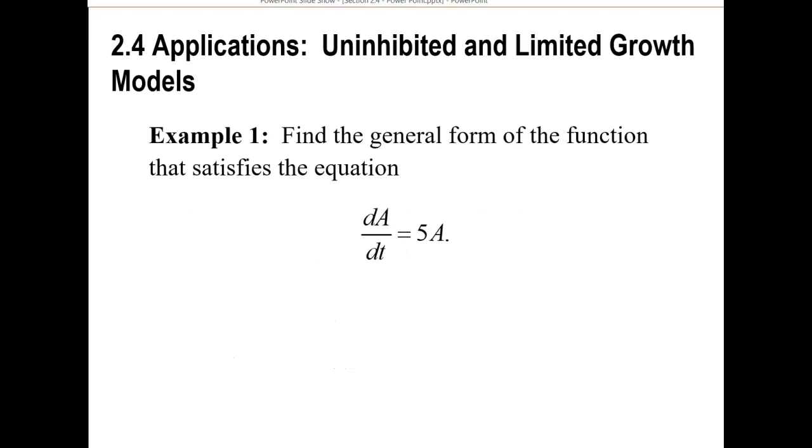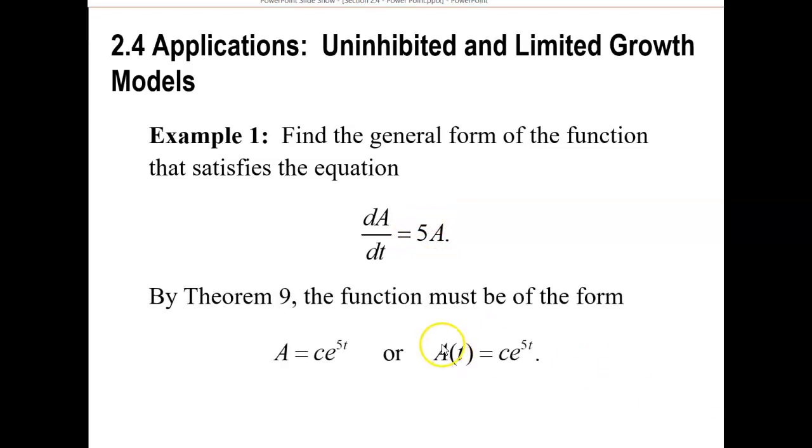All right, so our first example gives us the general form, and they want you to find the function that satisfies this equation. So they're saying that the derivative of the function A with respect to t equals 5 times A. So this 5 is the k that we talked about in the last slide. So by Theorem 9, we could write our function A equals a different constant C e to the 5t, right?